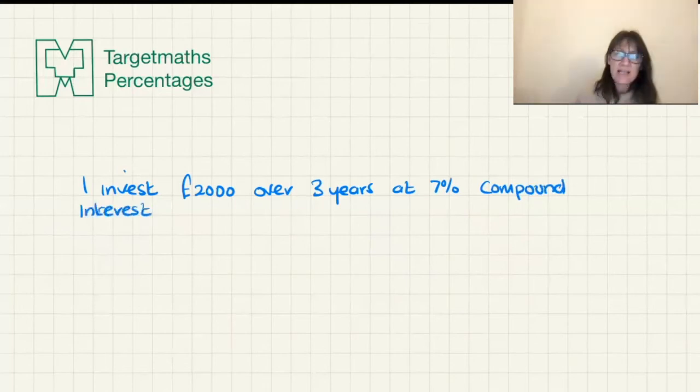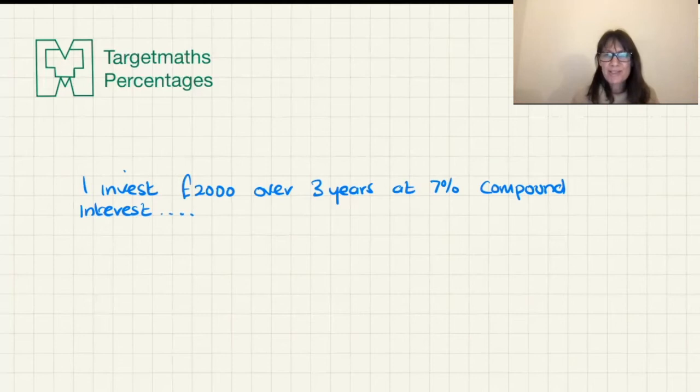They will have to say that word compound for you to know it is the multiplier with a power. All right, so they will use that language, and it's the trigger there, or just the period of time. But if you're not careful, you might end up doing it for simple. So it really is compound, it's going to tell you. So I invest £2,000 over 3 years at 7% compound interest. How much do I have at the end of that period?